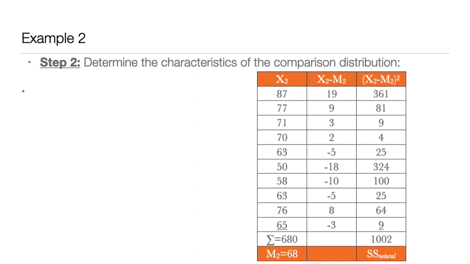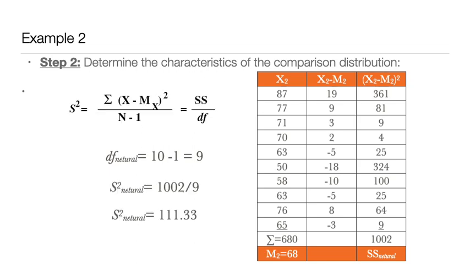Our degrees of freedom neutral is 9. Our variance would then be 111.33. Again, we get that by taking our sums of squared, which we calculated previously as 1,002, and dividing by 9. That gives us 111.33.